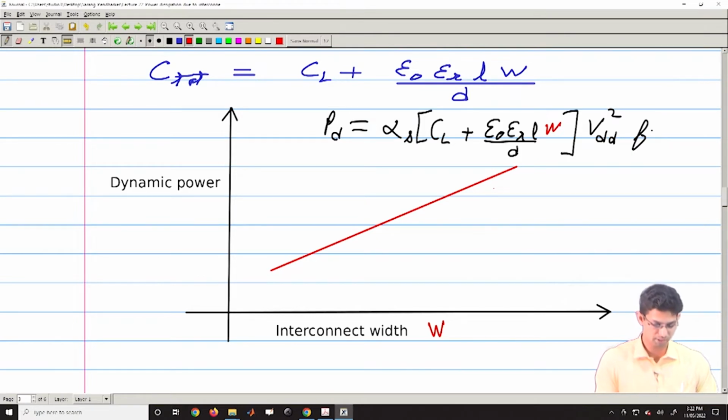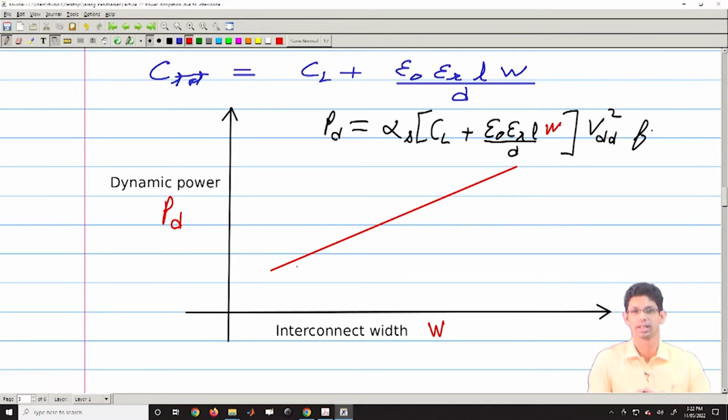So, what this tells is that my dynamic power increases as I increase the interconnect width. So, to reduce the interconnect power dissipation, what I should be doing? I should be reducing the width.